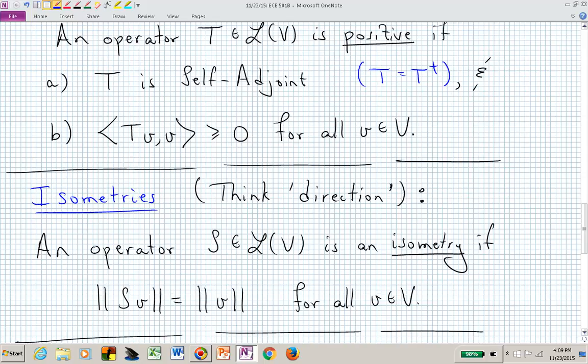So with this linear operator S, we are not changing the size of this vector in any way relative to the norm. We're just changing its direction.